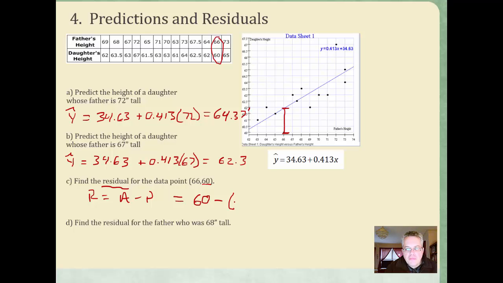The predicted value for a father who's 66 inches tall would be 34.63 plus 0.413 times his height, 66. So this works out to be 60 minus, let me see what we get here.